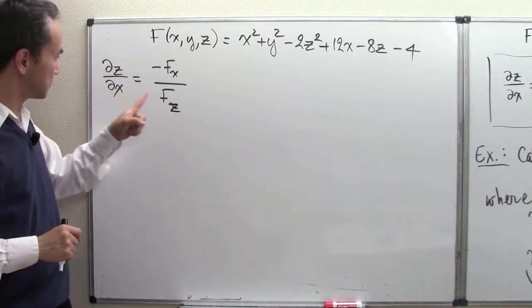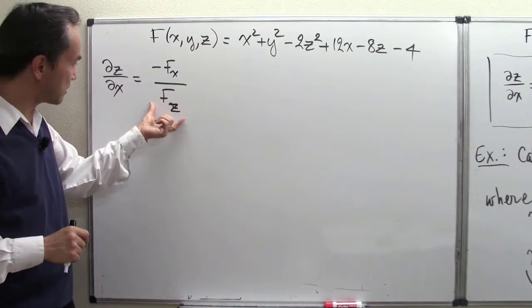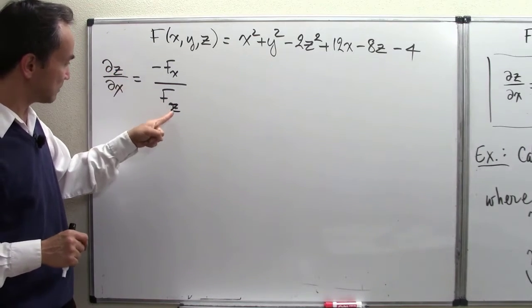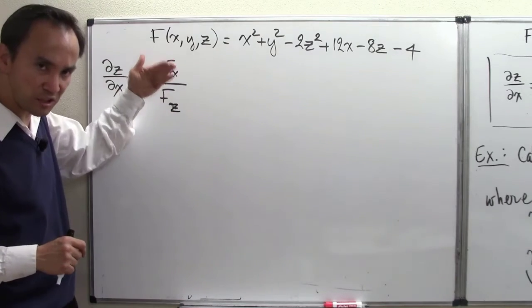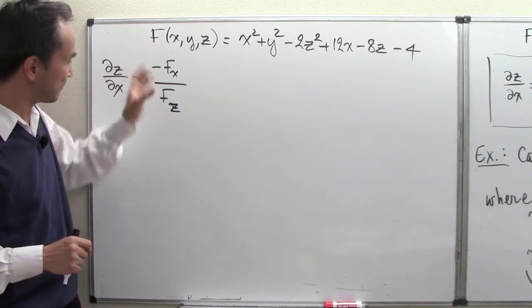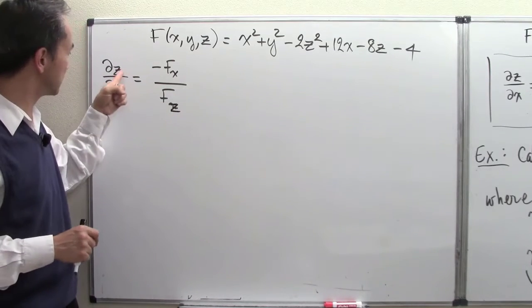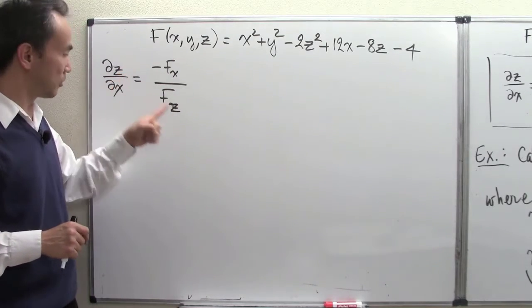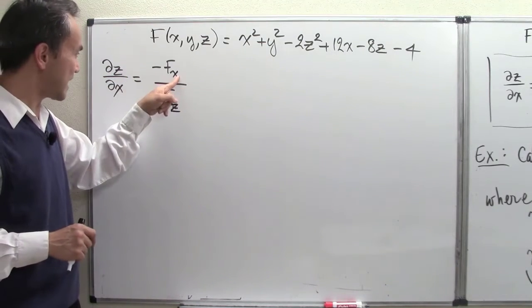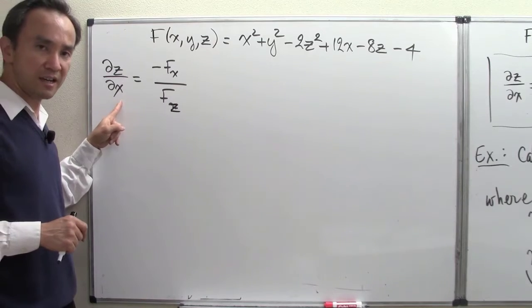So the fz in the denominator corresponds to the z here. The partial derivative of the capital F with respect to the implicit function is always put in the denominator. And then that x right here corresponds with that x here.